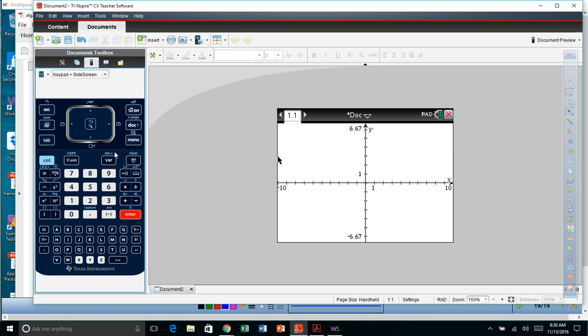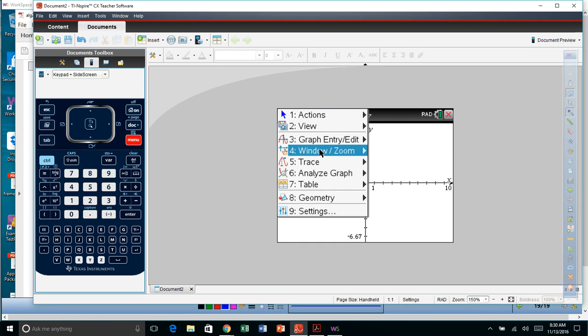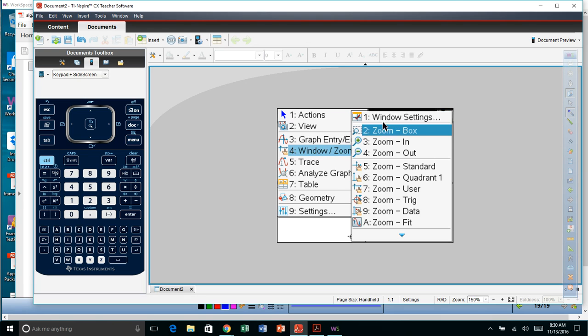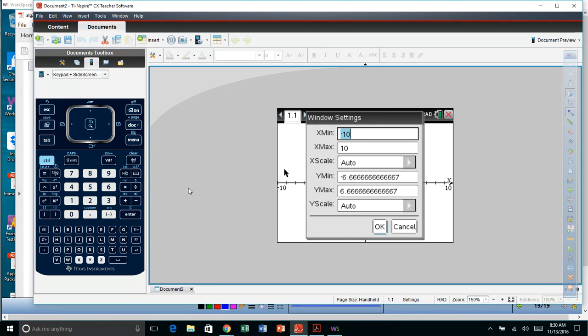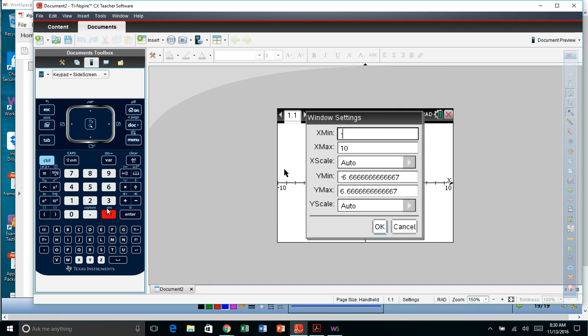Can't see it. Menu 4, 1. We don't care about the negative here, so put -1 for x min, and let's put 5. It's probably going to take more than 5, so maybe make that 10.